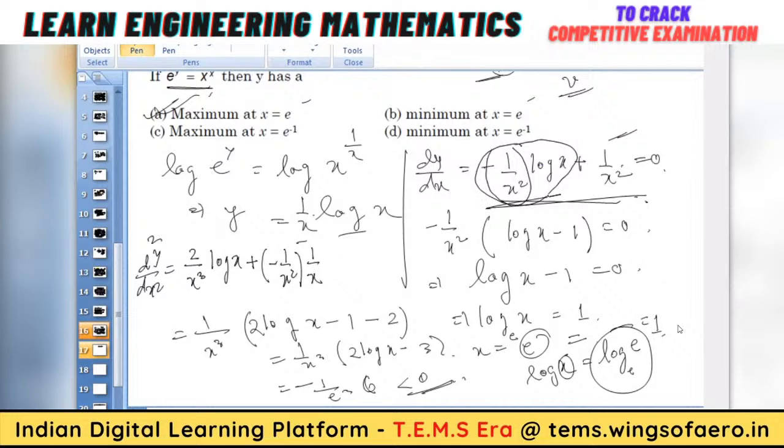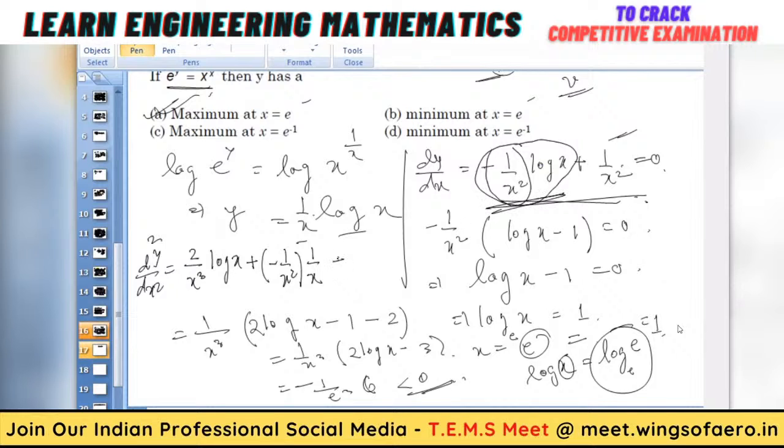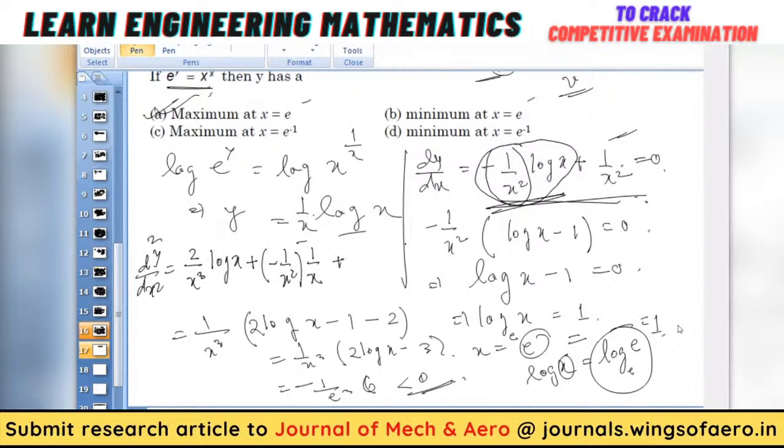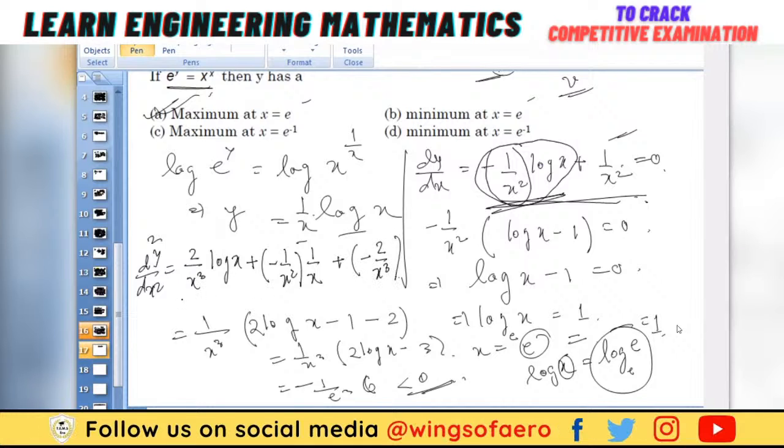Plus the derivative of 1 by x square, which is minus 2 by x cube. This is the second derivative.